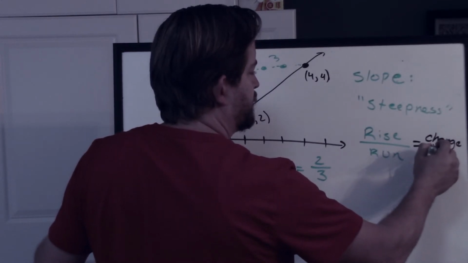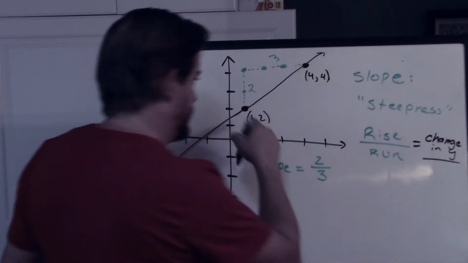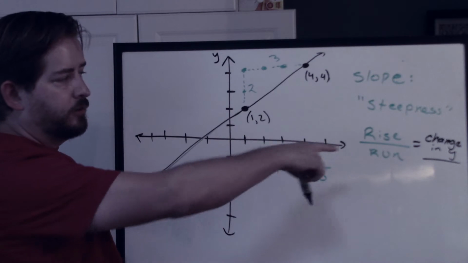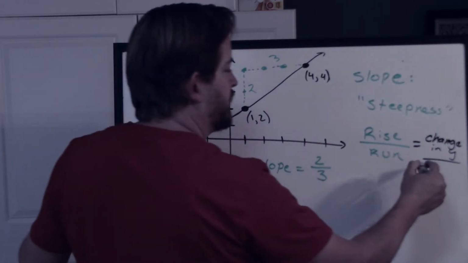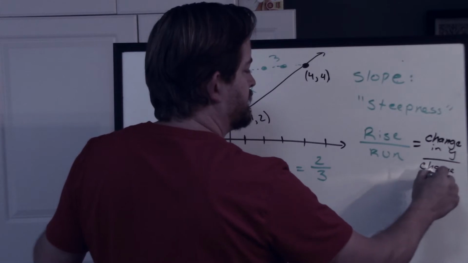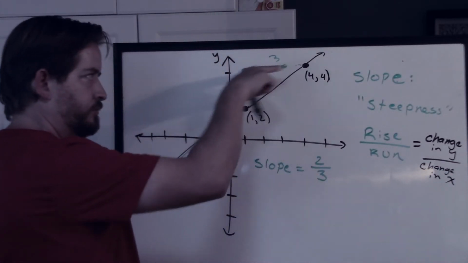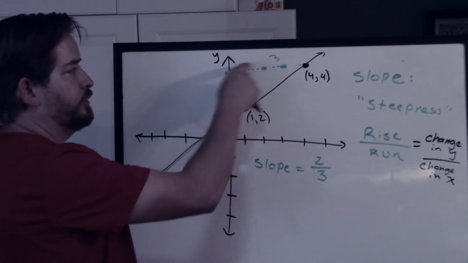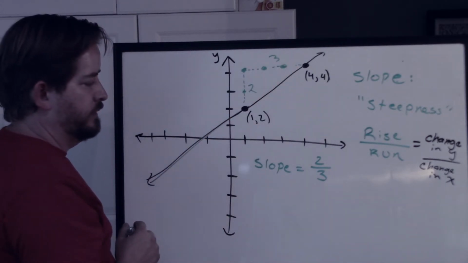It's your y values going up and down. It's how much you go up and down. It's your change in y. And your run is the change in x. It's how far over you have to go to get back on the line after you've done that change in y, right?